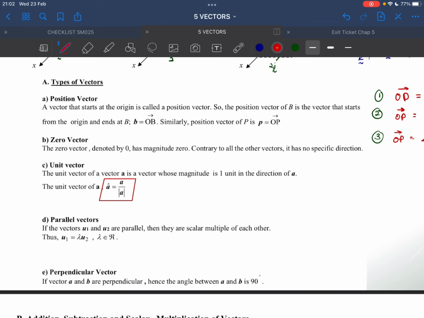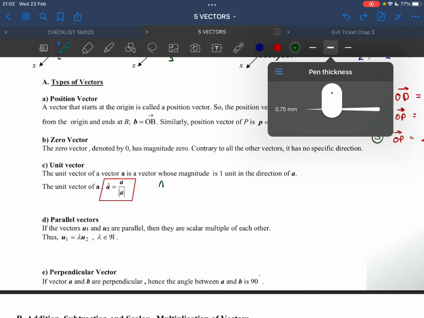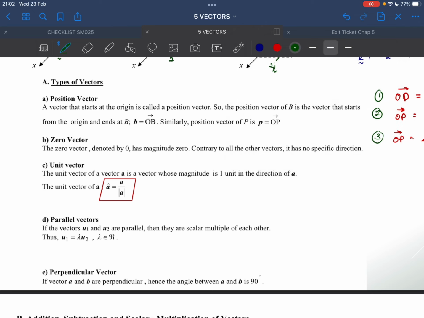This is the formula to find the unit vector, or we can write it as, let's write, any vector which has a magnitude of 1 unit. So from the formula there, we have a unit vector which is represented like this: A, ombak, ada hat.